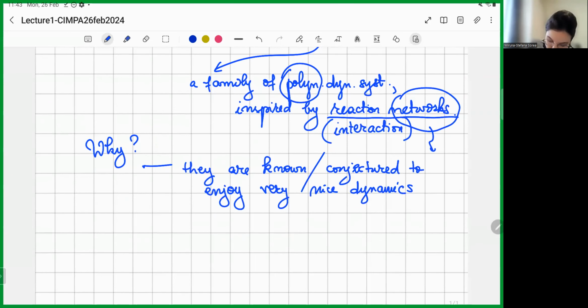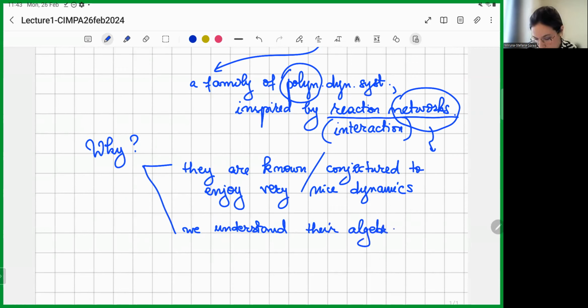And the second reason why we want to study them is the fact that we understand and we can use easily their algebraic structures. And right, this will be more clear later on. So we understand their algebraic structure.